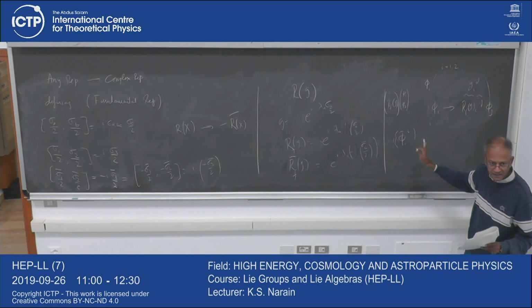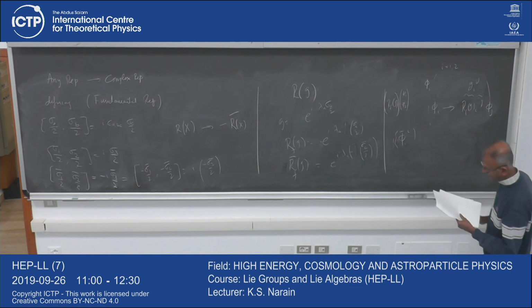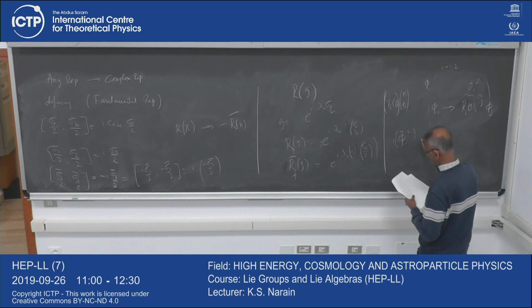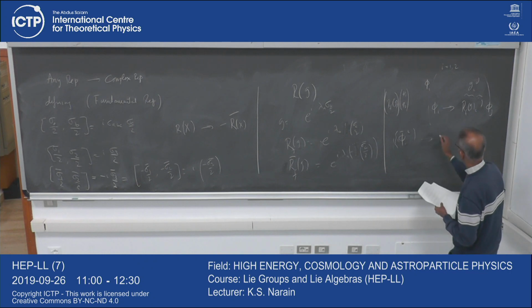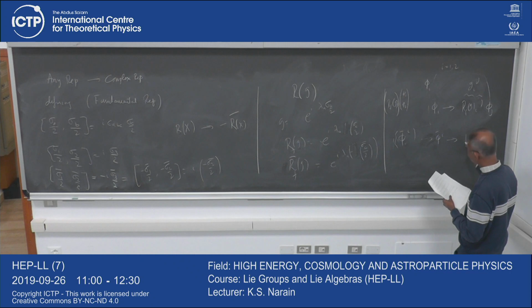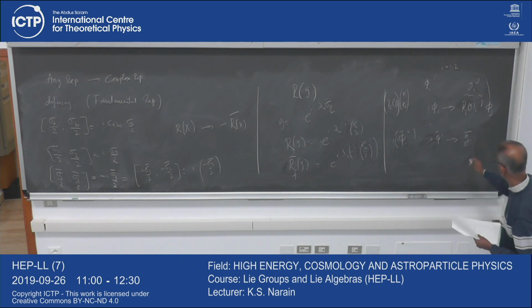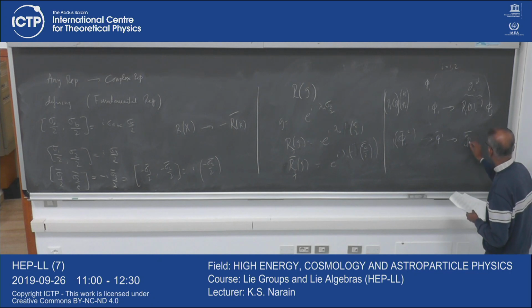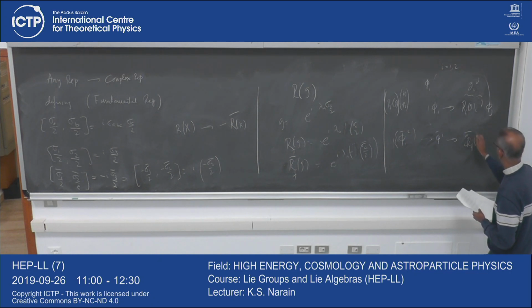It's just a convention, nothing more than that. So how will that transform? Phi bar I will transform in the complex conjugate representation, which will be G bar, which I will denote by RF of G bar.